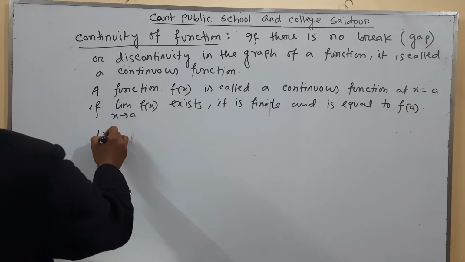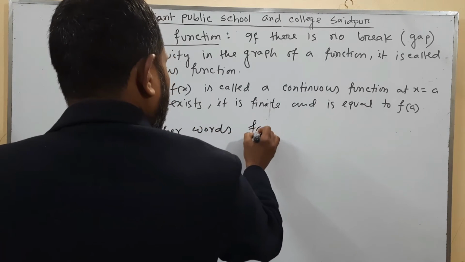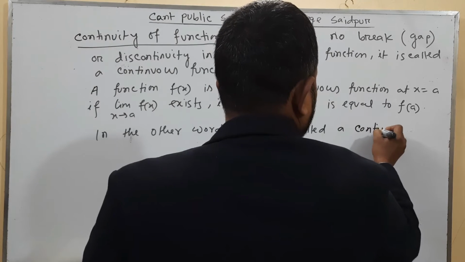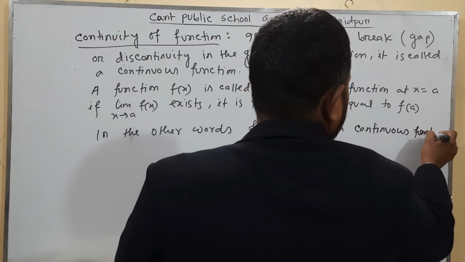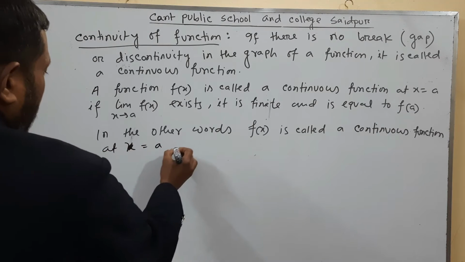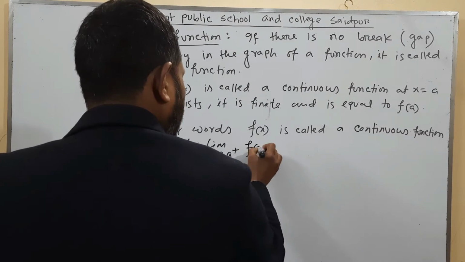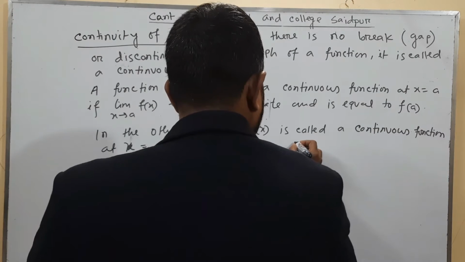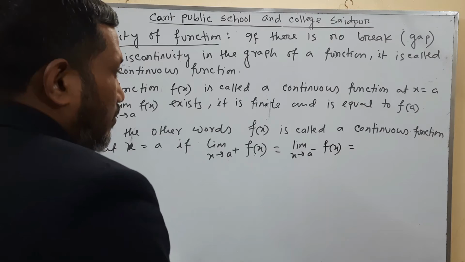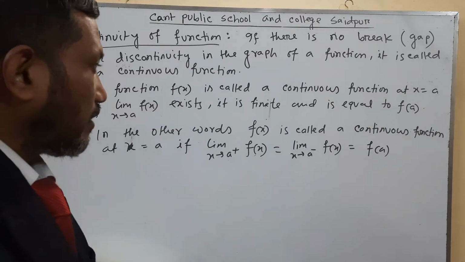In other words, f of x is called a continuous function at x is equal to a if limit x tends to a plus of f of x, this is right hand limit, is equal to limit x tends to a minus of f of x, this is left hand limit, is equal to f of a, the functional value.